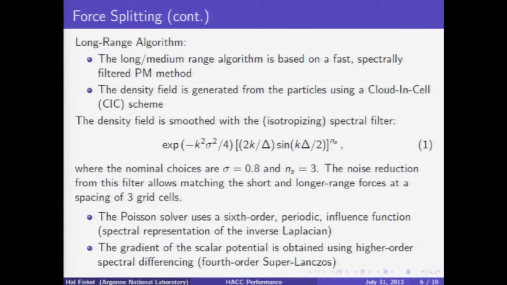For instance, when you do the deposition of the particles onto a grid, there's a discretization error, and some of that you can correct for in the Fourier space kernel that you're using to compute the force. You can wrap it all together and do one combined solve that also corrects for some of these errors. You should talk to us about this afterwards if you're interested.